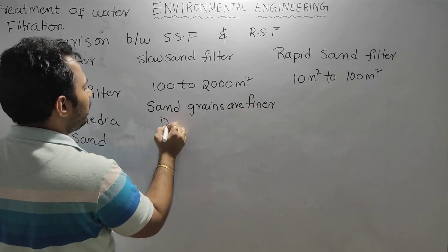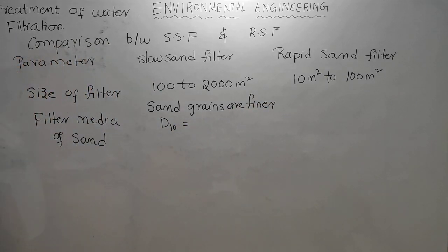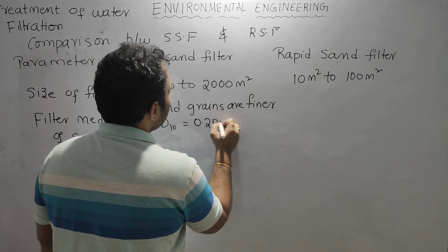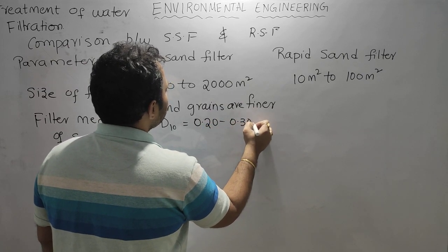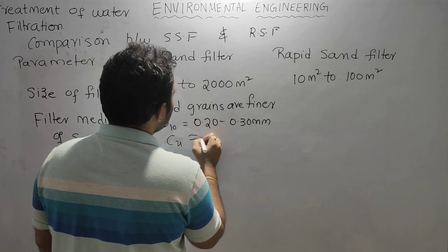So that means D10 of slow sand filter varies between 0.20 to 0.30 mm, and Cu is approximately equal to 5.